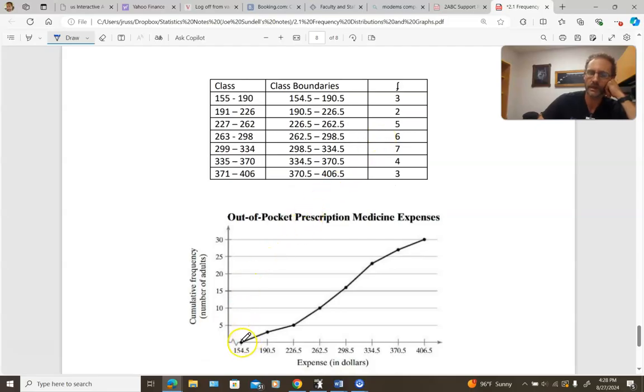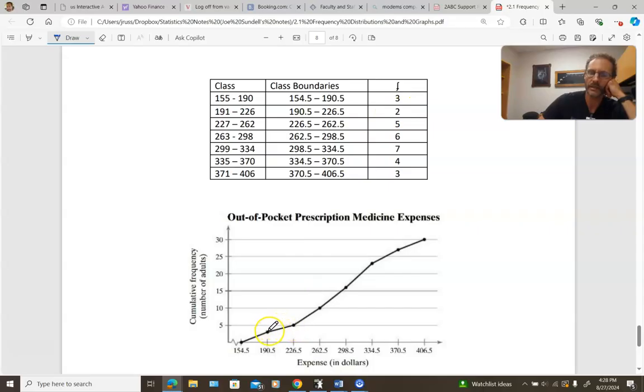So you start right here at 0 at the lower boundary. And then you go up to the first upper boundary, 190.5, and that point has to have a height of 3. And then the next upper class boundary, 226.5, it's right here. And the frequency of that class is 2.